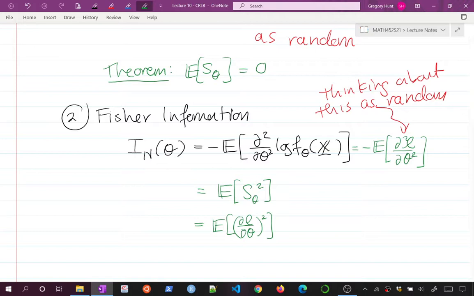And so that's why the Fisher information is related to the concavity of the second derivative of this log likelihood in some way. This was actually a theorem. So these two equality points here were actually a theorem.